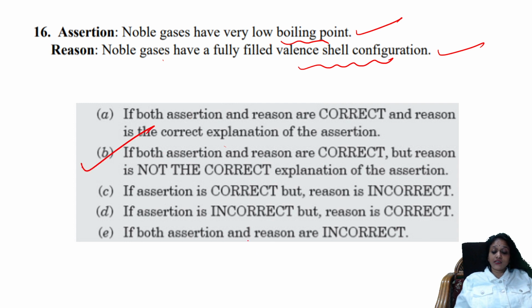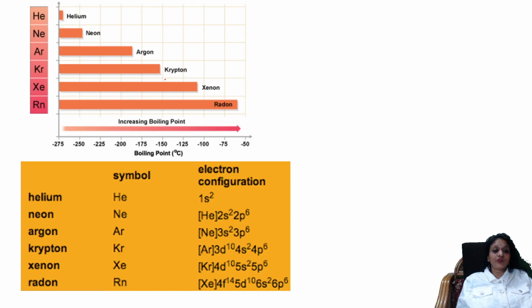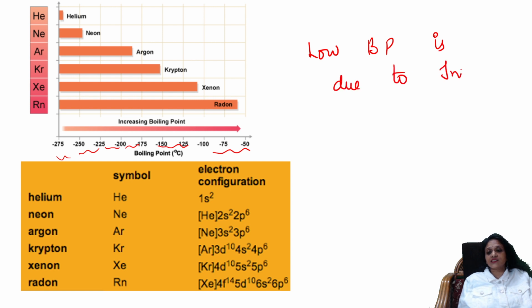Let's see. Noble gases have low boiling point. Compared to all, they have very low boiling points. It is in minuses. Why? Because the low boiling point is due to inert gas configuration or stable configuration. Correct, students?